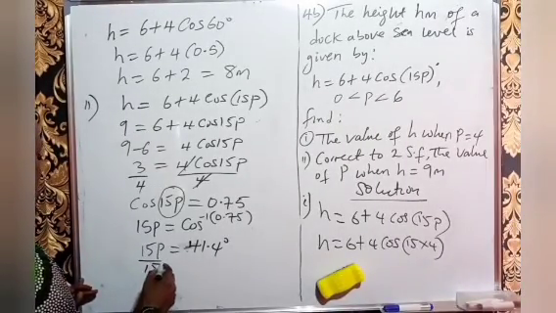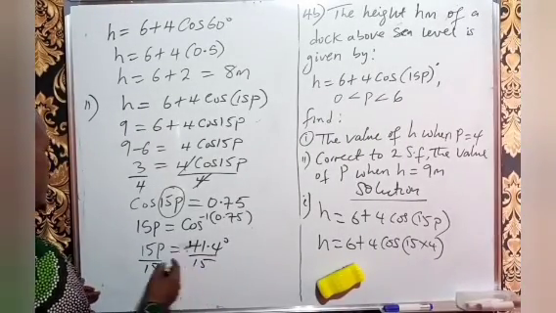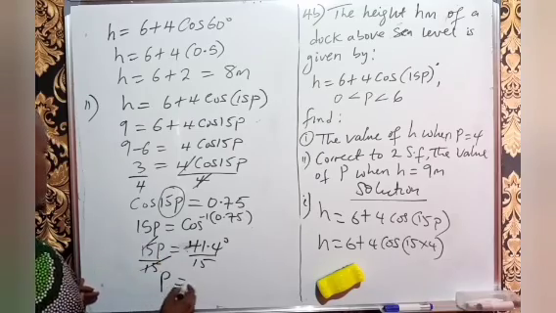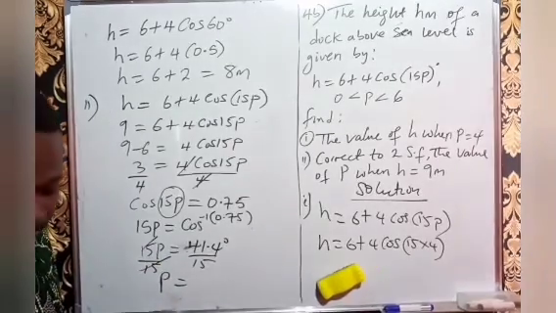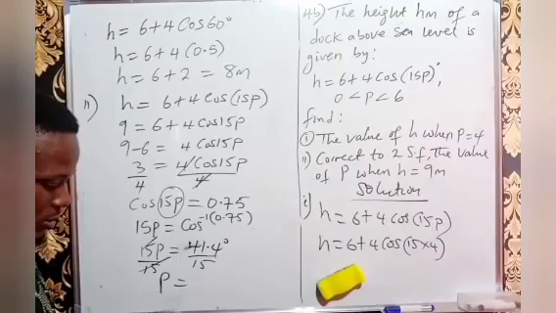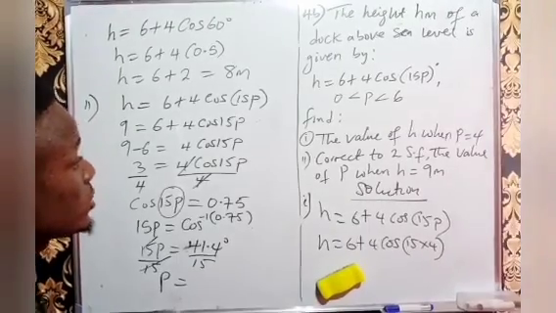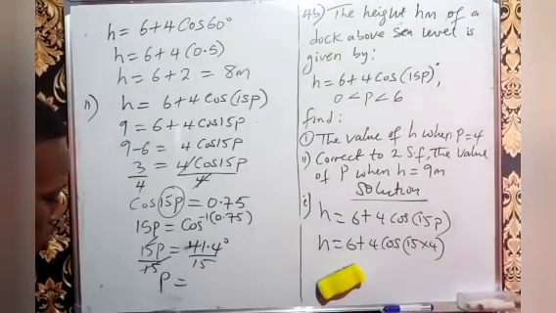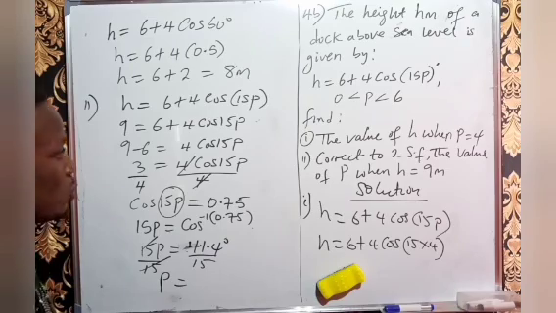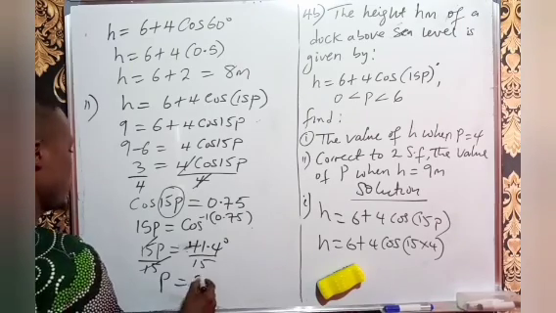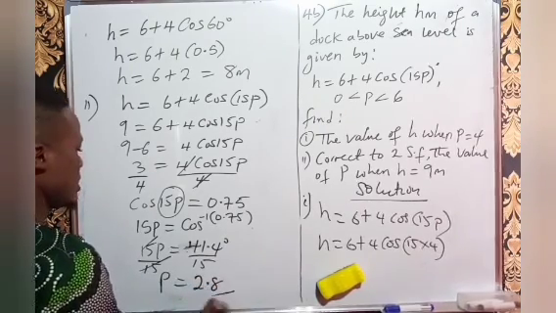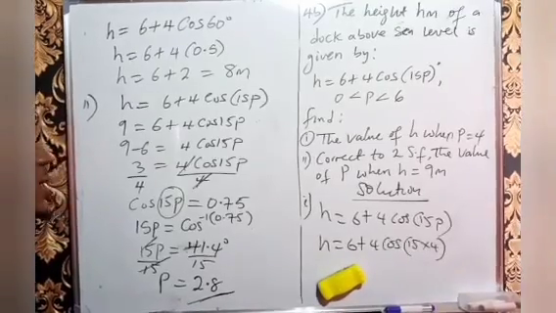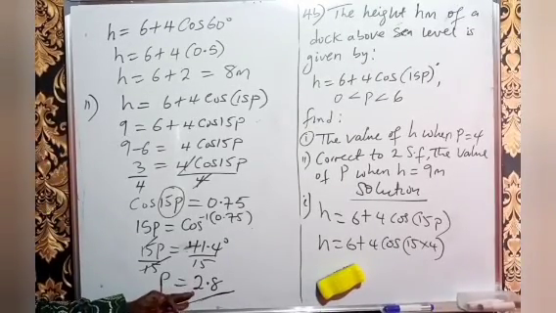I'll divide both sides by 15 to get the value of p. And when you divide 41.4 by 15 to two significant figures, it should be 2.8. So we have 2.8 to two significant figures. So that's the value of p.